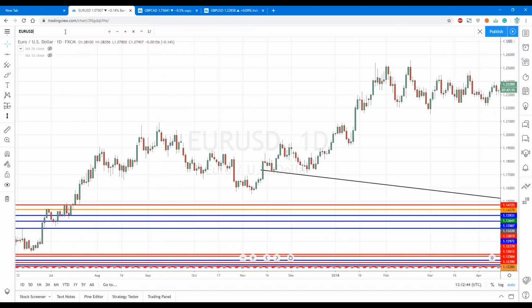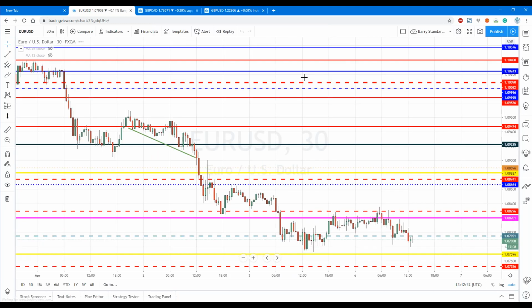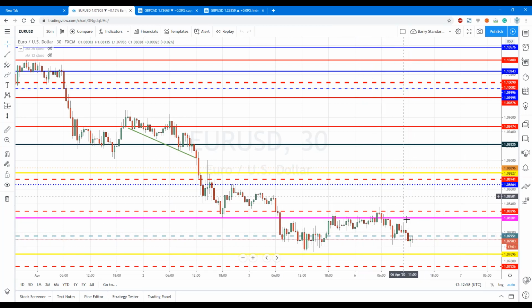So now that we're back in the present, we can see the price points around the price that are strategic.